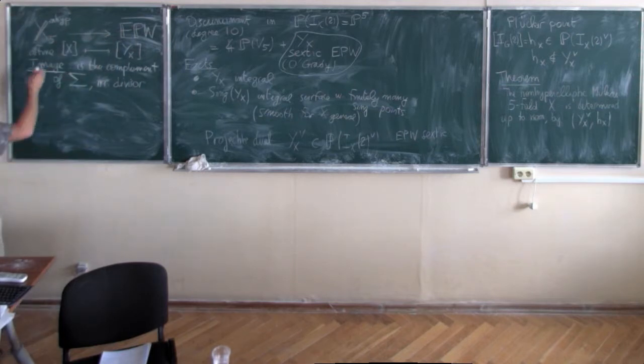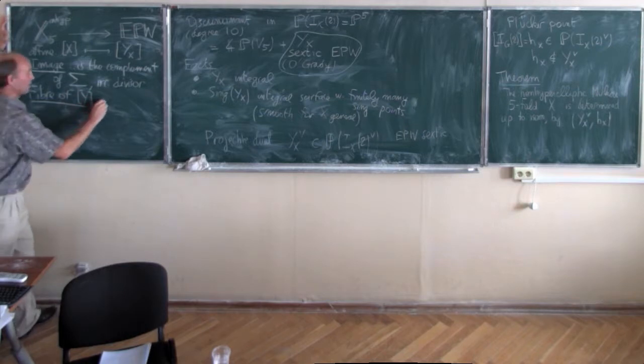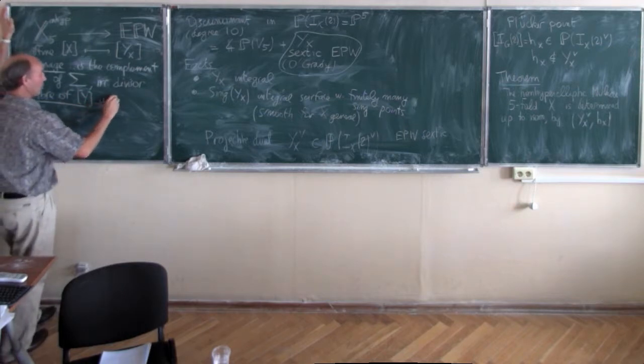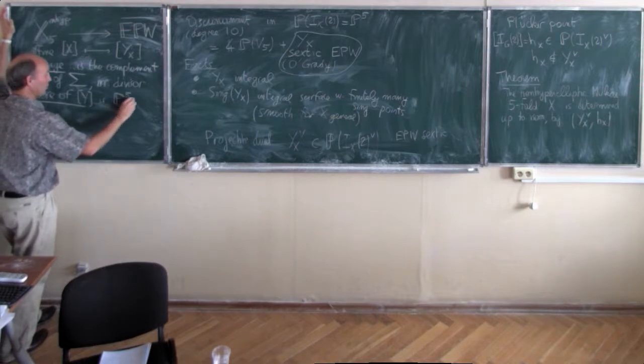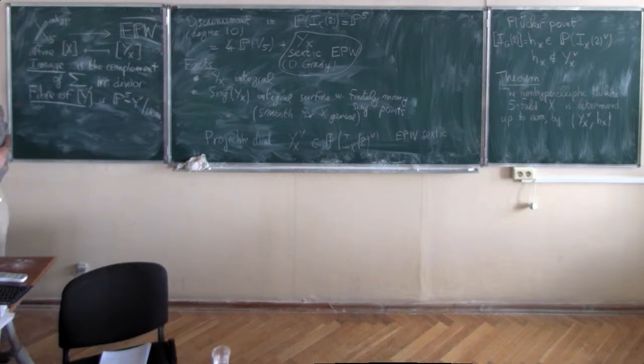And the fiber of a point in here is isomorphic to P5 minus the complement of the dual. Is this clear?